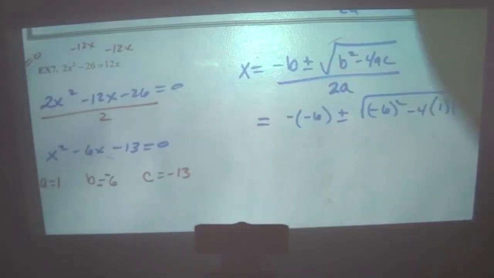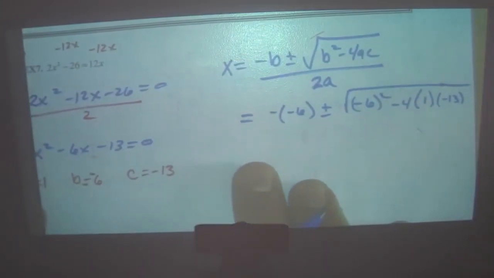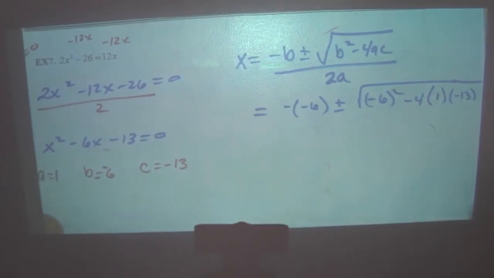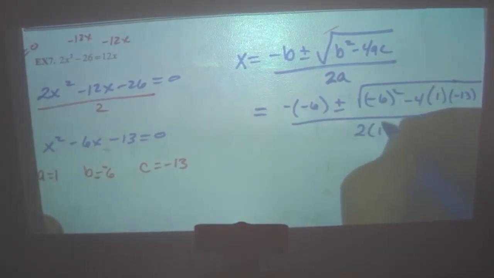Let me get it so it all fits here. You guys see that good? All right, so all over 2a, 2 times 1.